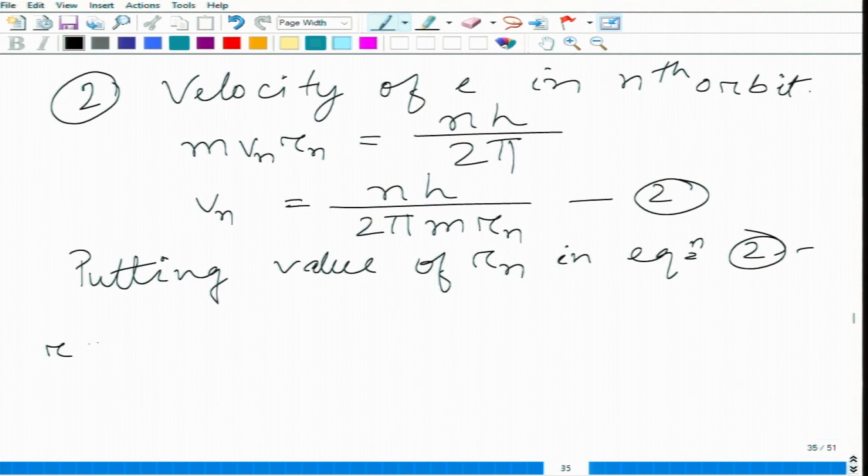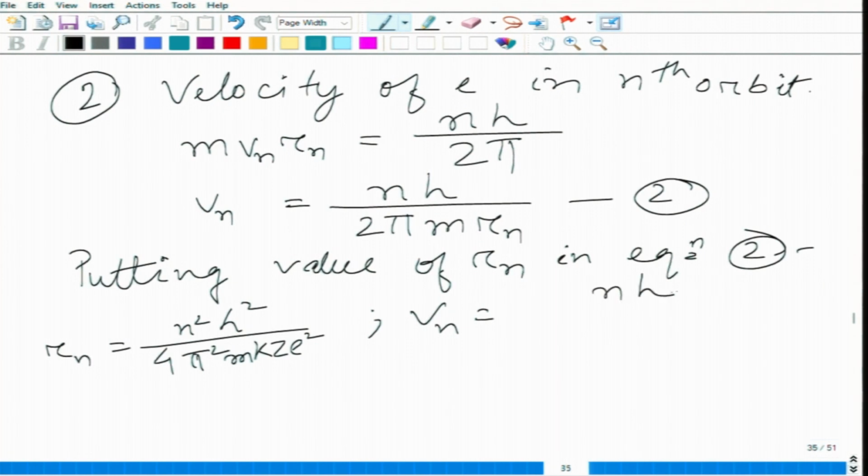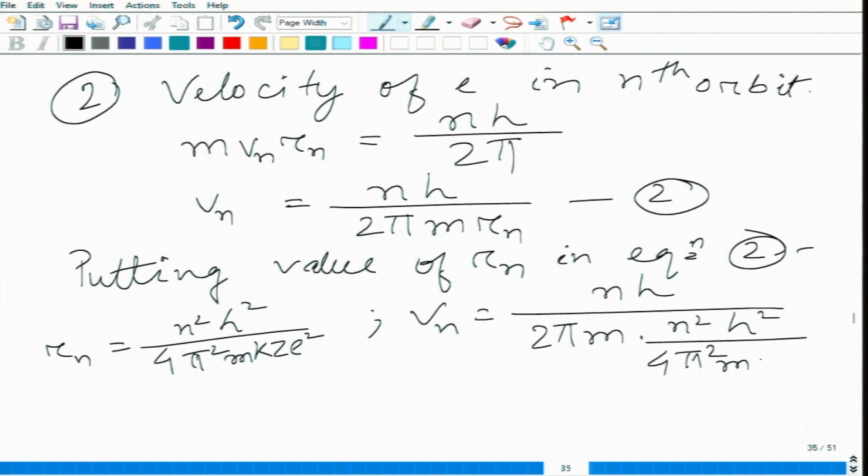Let's write the expression for Rn once again. The expression of Rn was n squared h squared by 4 pi squared m k Z e squared, right? So we put this value here: Vn equal to nh by 2 pi m into n squared h squared by 4 pi squared m k Z e squared.